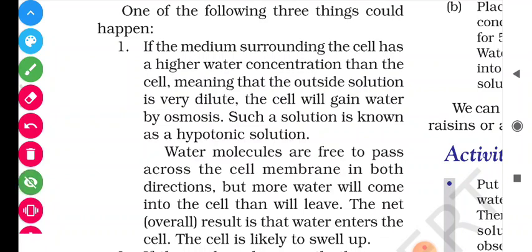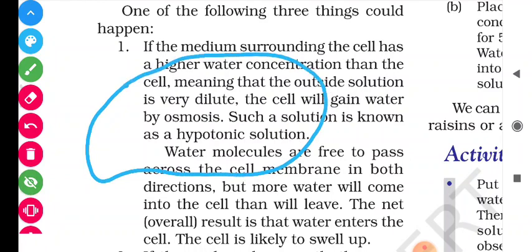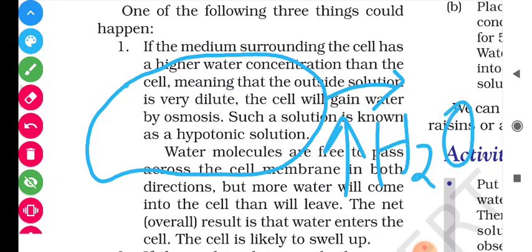What is the way to understand this topic? Let us do it by this figure. If I tell you this is one cell, say it is an animal cell. The surrounding, meaning the external environment, has a higher concentration of water, H2O, and a lower concentration of water inside the cell.